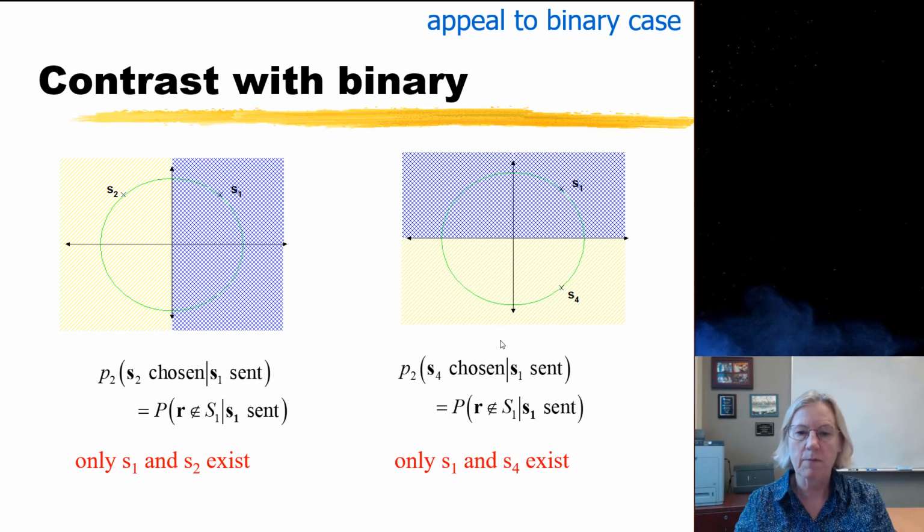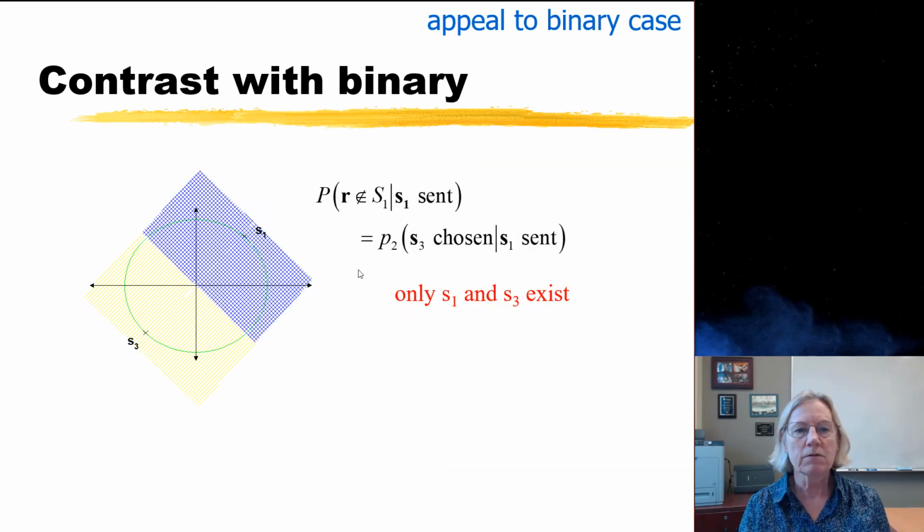Now, if I look at S1 and S3, well, these are a bit farther apart, right? They're not as close as S1 and S2 are. They're across the diagonal here. But still, I could calculate the probability by calculating this distance between S1 and S3 and using that to determine the probability that I would make a mistake from S3 to S1.